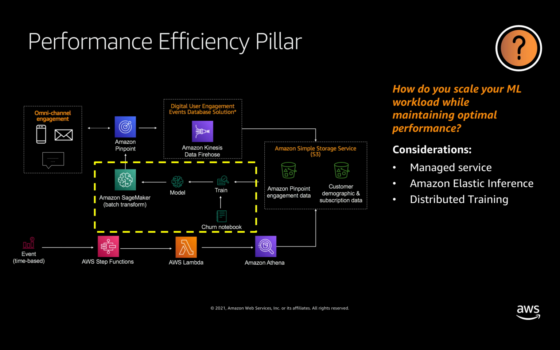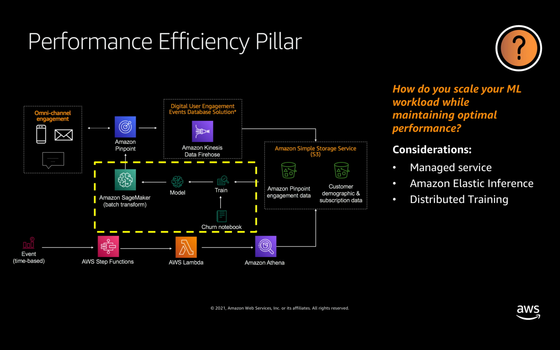Some considerations in this area include whether you're using a managed service like SageMaker or one of our deep learning AMIs running on EC2. In this scenario, we're using SageMaker XGBoost, which is going to automatically emit some metrics regarding things like model latency. And if this was a persistent real-time endpoint, we could also add on SageMaker Model Monitor to measure model performance over time.